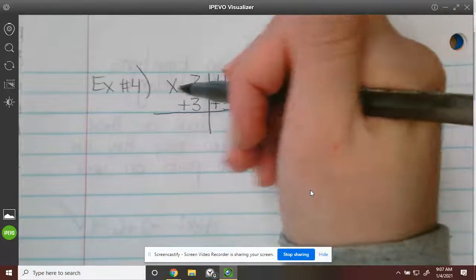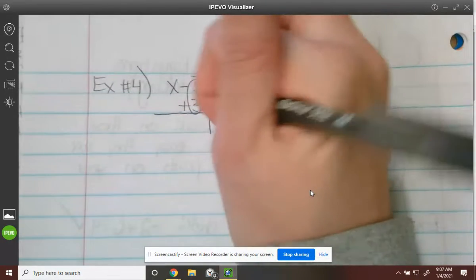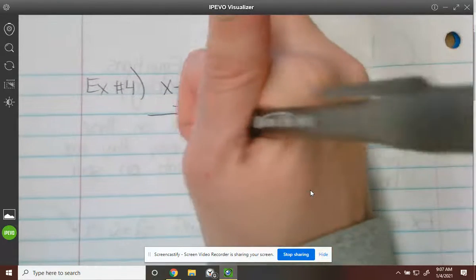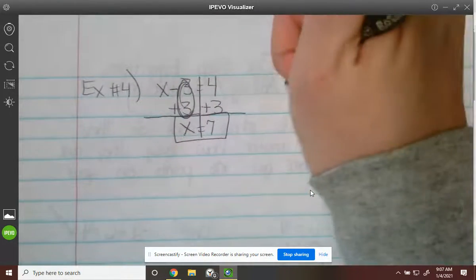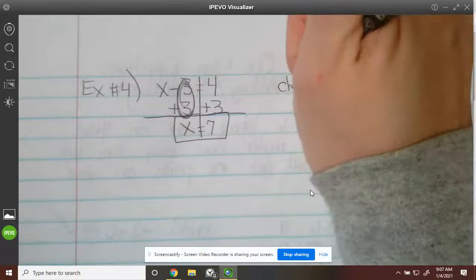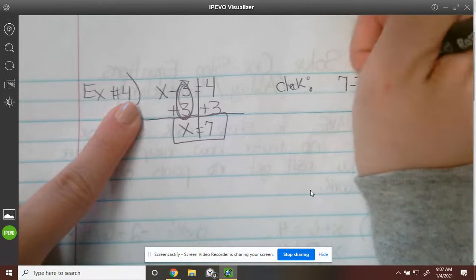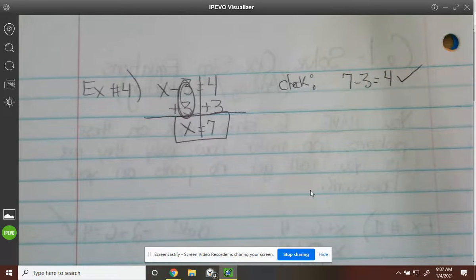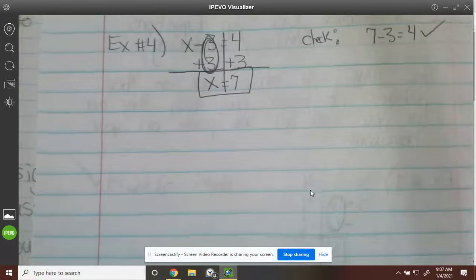Okay, reset. So x, and then that's going to zero out to leave me with x. 4 plus 3 is 7. I go to check it. 7 minus 3 equals 4. Bam, I know that's right. Okay, so that's all that this is.